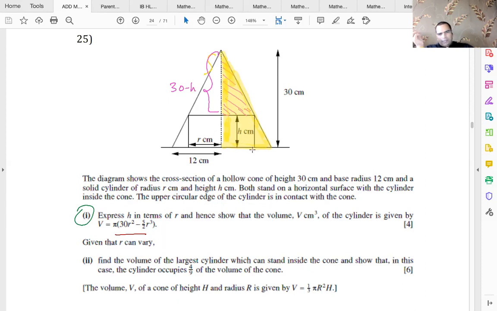Now this is the radius here. So this side is r, this side is 12, and this is nothing but r as well, because you can see this opposite side of the rectangle, you can say.